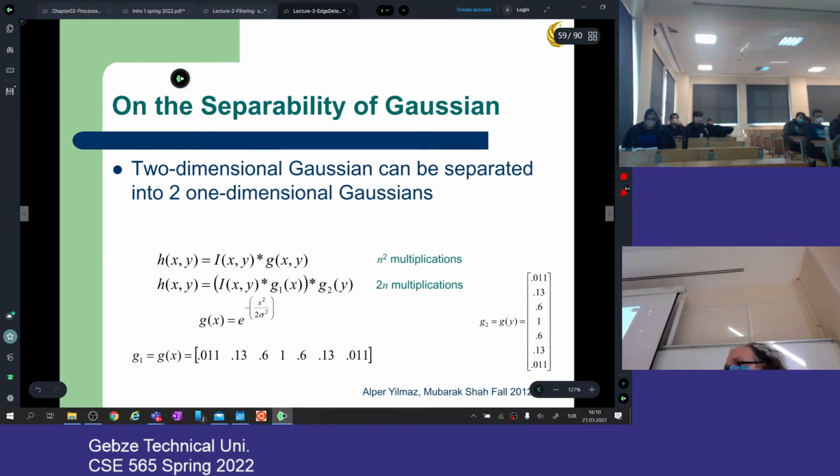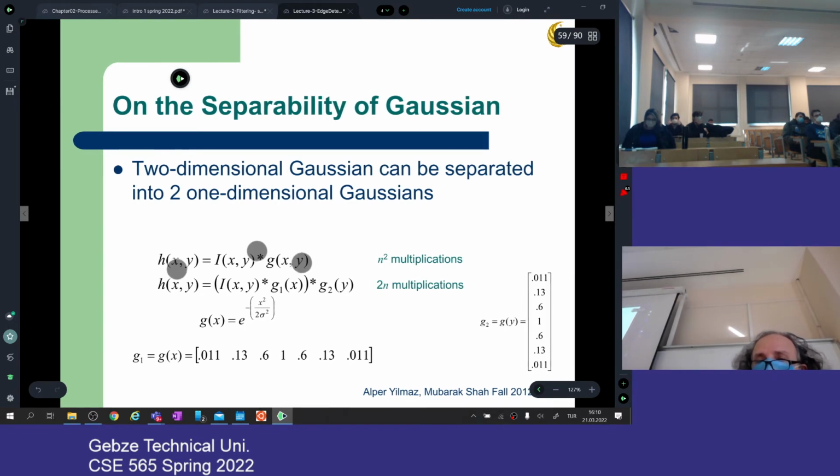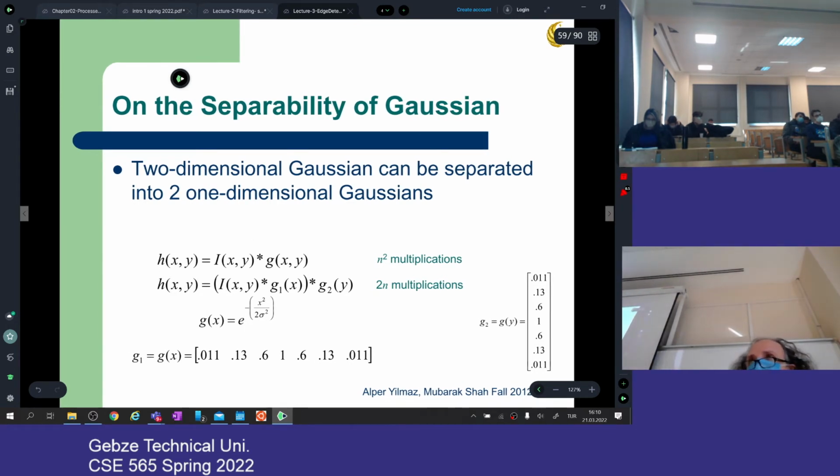That will give you less number of multiplications. So two-dimensional Gaussian filtering, if I have n pixels in my image, will be proportional to n square, n times n. But if I do one-dimensional convolution, it will take me 2n multiplications. So the difference is very large. This is much more efficient than 2 dimensions. That's why we like this operator.